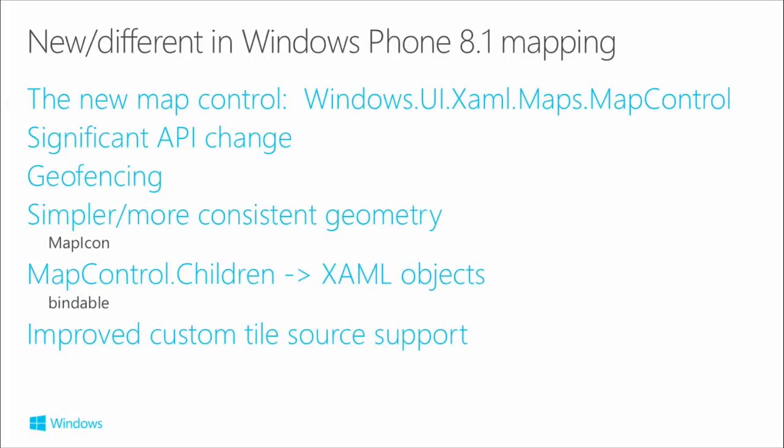And this is new from Windows Phone 8.0, and that's really valuable. It's nice to have binding back in the applications. Finally, we have improved custom tile source support. So if you don't like any of the tile sources that we provide in the map control, and you say, I've got a better tile source for that, you can take that tile source and apply it to the map control and effectively create your own map.